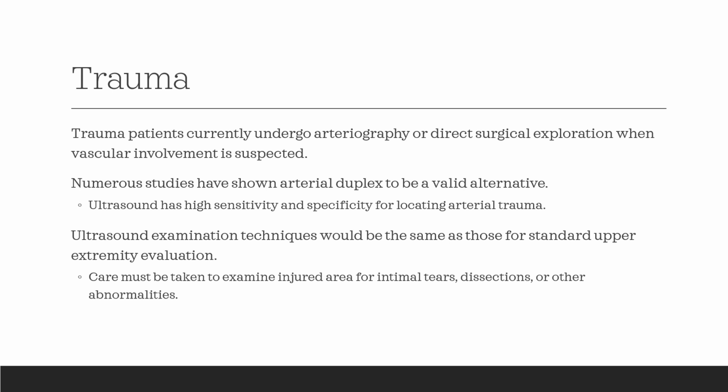Numerous studies have shown that arterial duplex can be a valid alternative, but depending on the impediments and different things in the context of the trauma, it may determine whether ultrasound could be used or not. The ultrasound examination would be the same as those used for upper extremity evaluations, but rather than looking for a stenosis, you're looking for disruption of that arterial system.